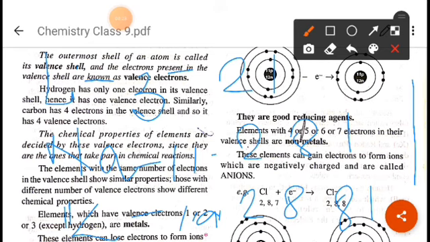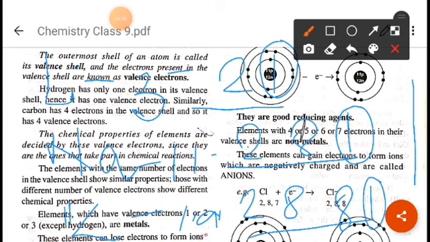Now the valence electron for lithium is this one, for sodium this one, and for potassium this one. So in lithium one valence electron, in sodium also one valence electron, in potassium also one valence electron. This means lithium, sodium and potassium will show similar chemical properties, as written here.